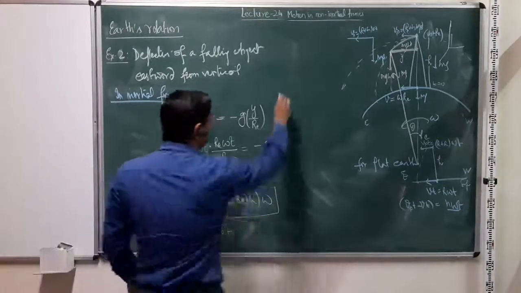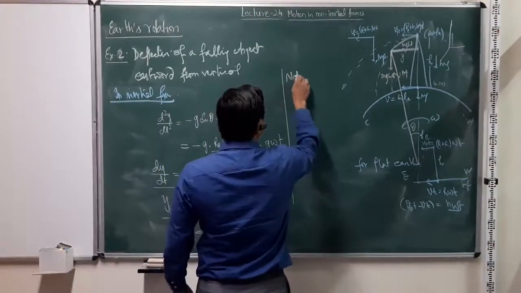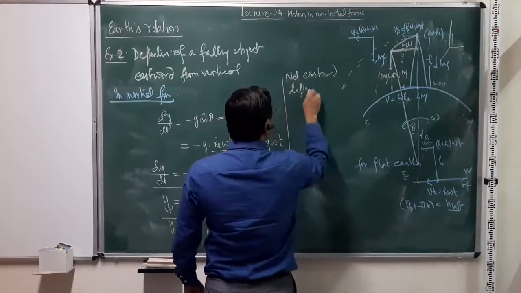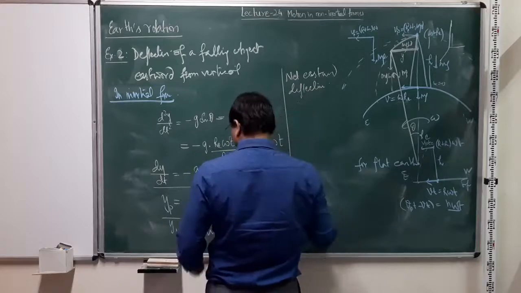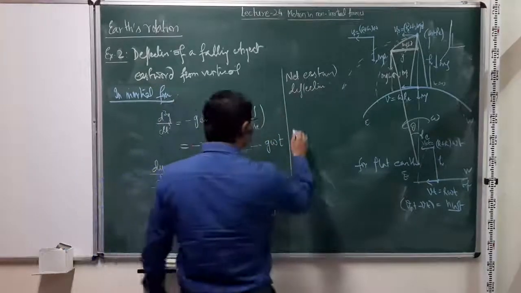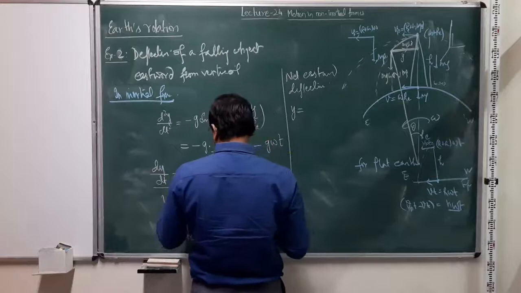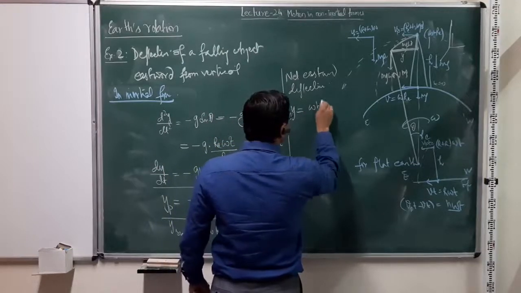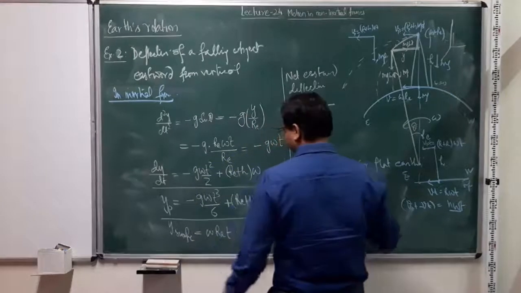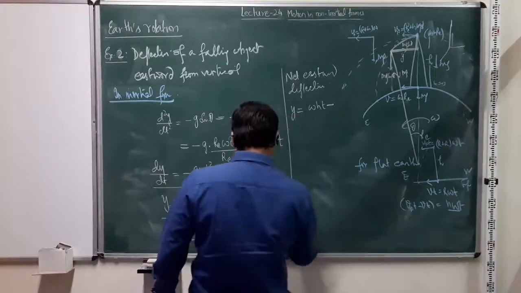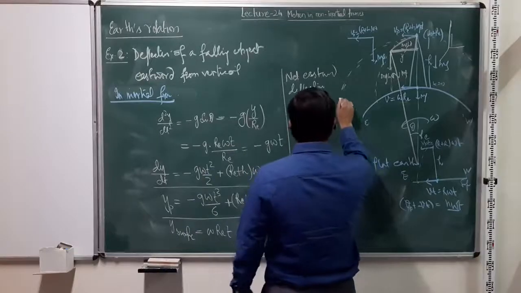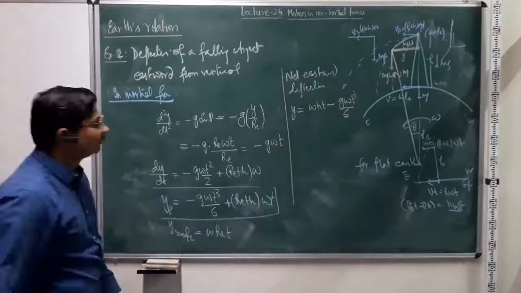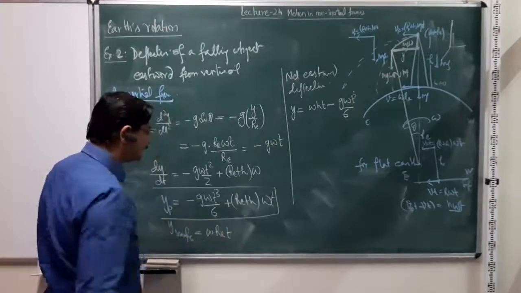So the net eastward deflection is yp minus this. So y is equal to omega h t minus g omega t cube by 6, because re omega t and this will cancel out.